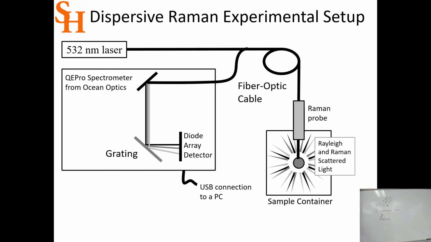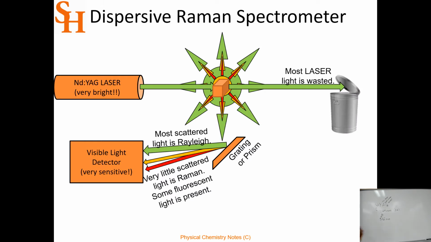Yes? Since it's scattering, how do the other signals, are you collecting the rest? Yeah, so we're throwing away a lot, okay? And so it would be nice to try to collect that. And so some little more fancy spectrometers will put mirrors here. So they'll put this in a reflective cup.